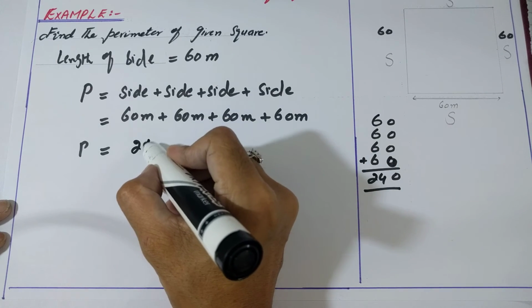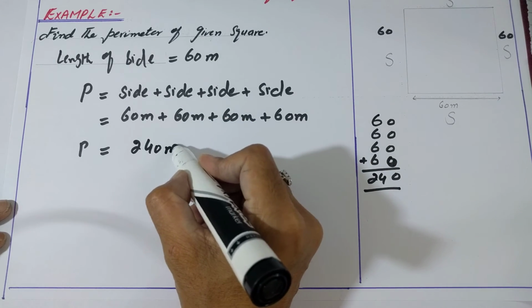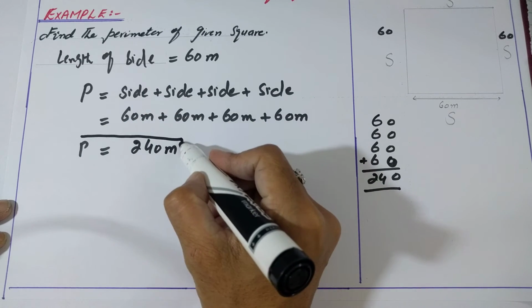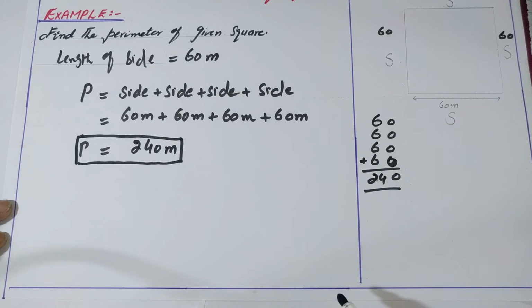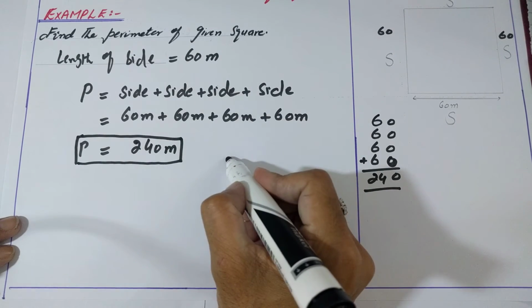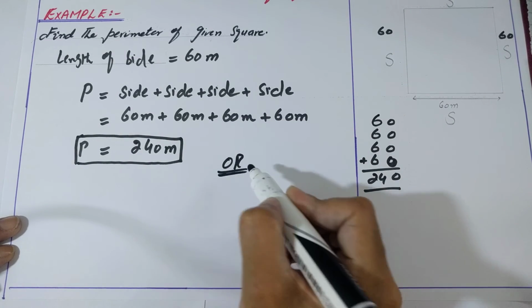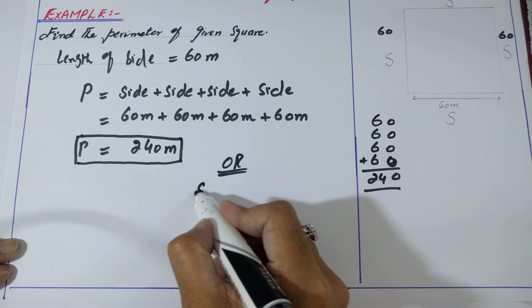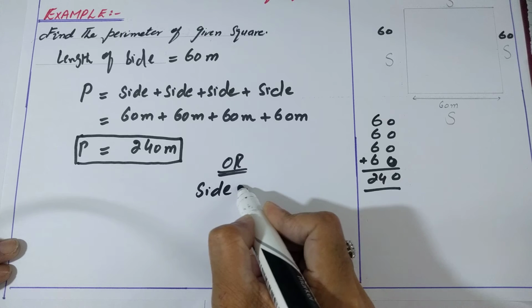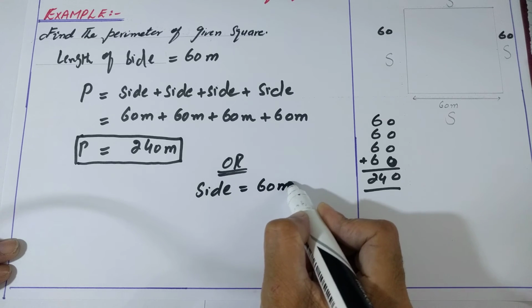So perimeter of this square is equal to 240 meter. Got it?